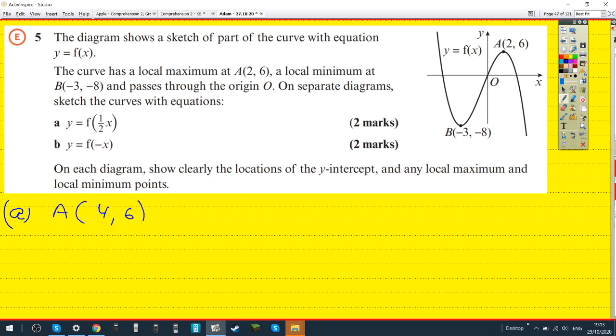And B would be, when multiplying, does it become 6? No, 9. Multiplying by 2. Oh, just 2. Okay, so it'd be minus 6, and minus 8. Yep.